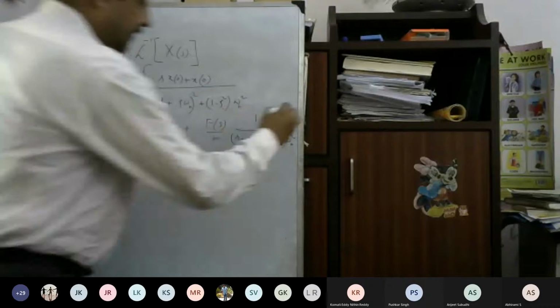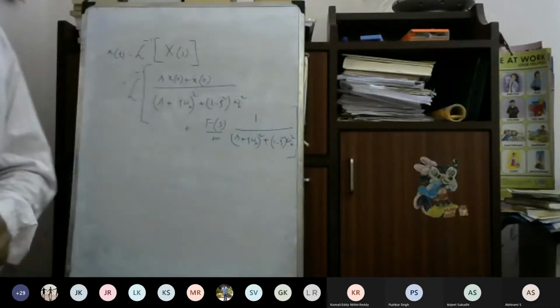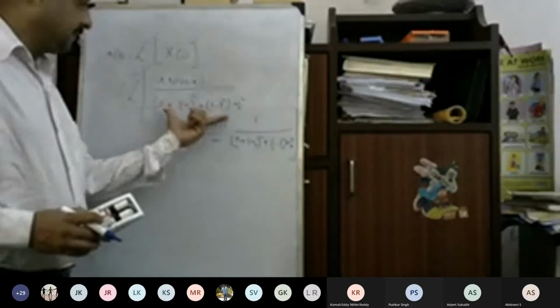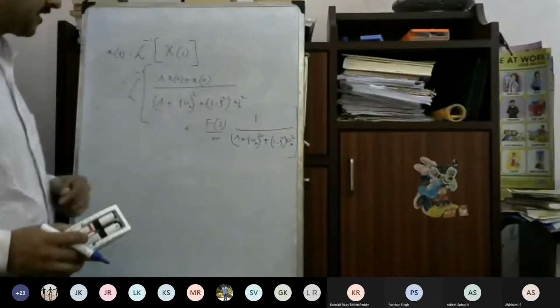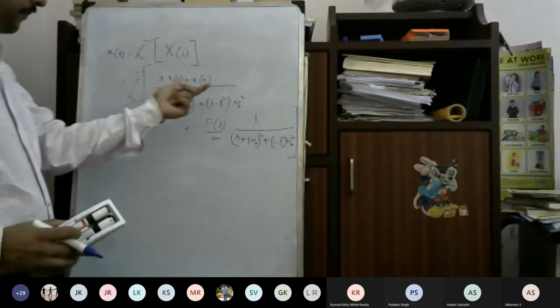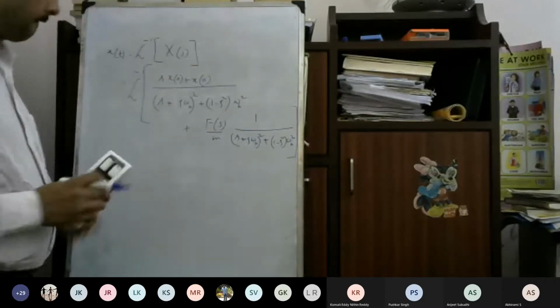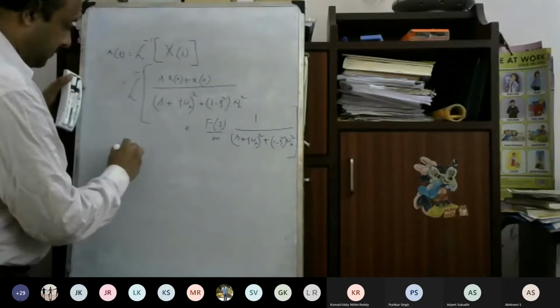So I have here the inverse Laplace transform of this quantity. What will be the inverse Laplace transform of this function?